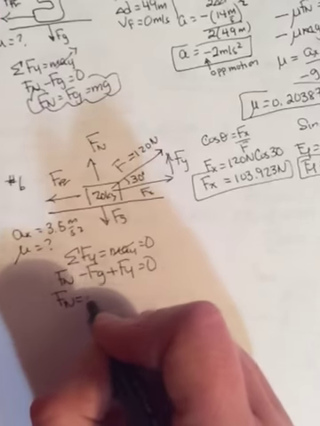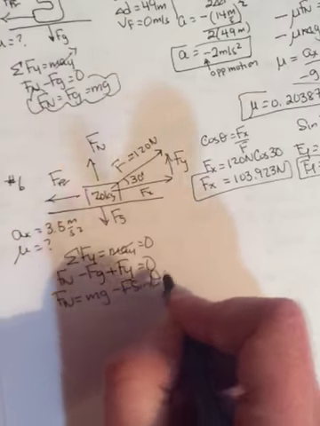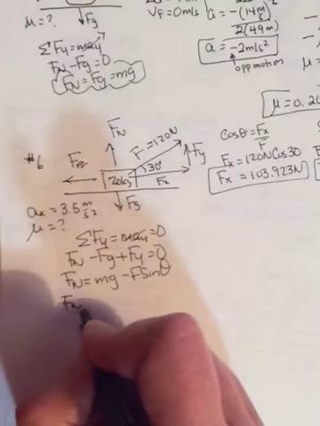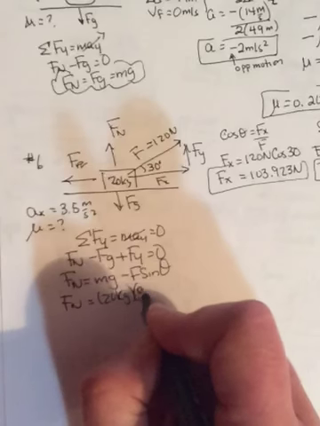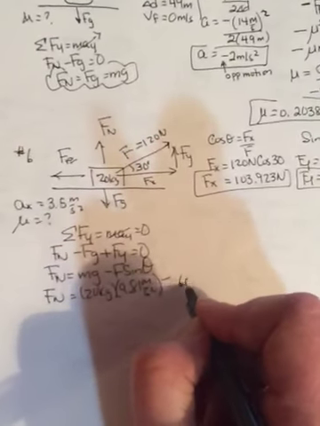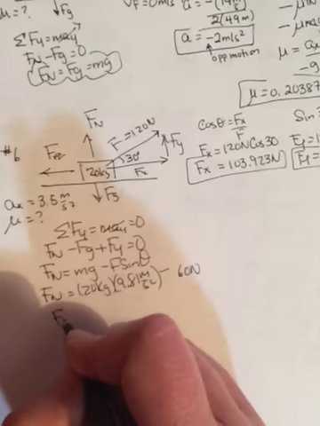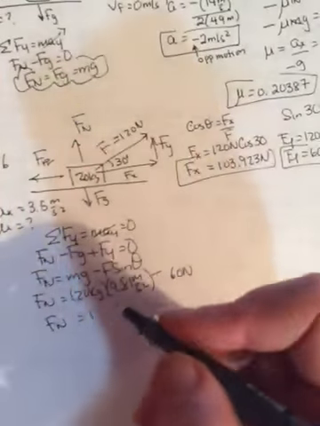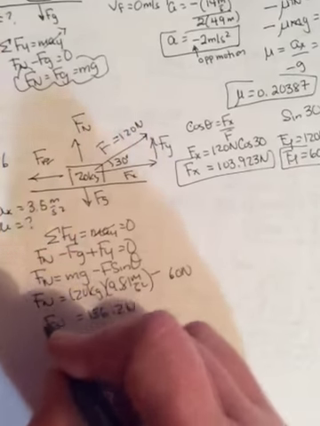So it'll be mg minus F sine theta. So if you want to get your numbers, 20 kilograms, 9.81 meters per second squared, minus 60 newtons. 196.2 minus 60 should be 136.2 newtons.